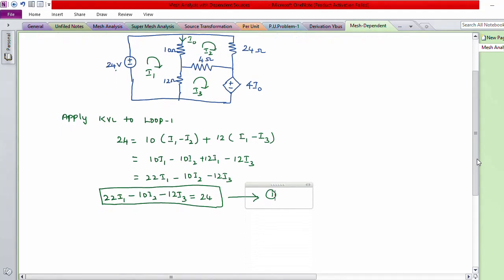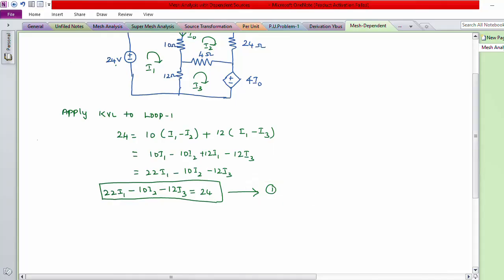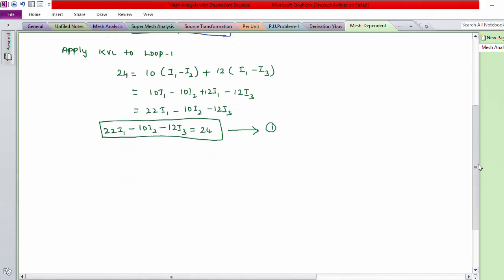Now, similarly, apply KVL to loop 2. So, we have to check whether any voltage source is connected in loop 2. In this case, there is no voltage source connected in loop 2, so there is no voltage rise or voltage drop. So, 0 equal to 10 into (I2 minus I1).